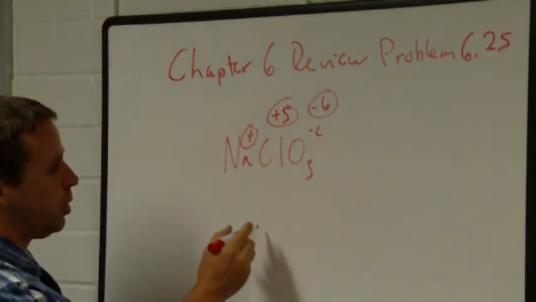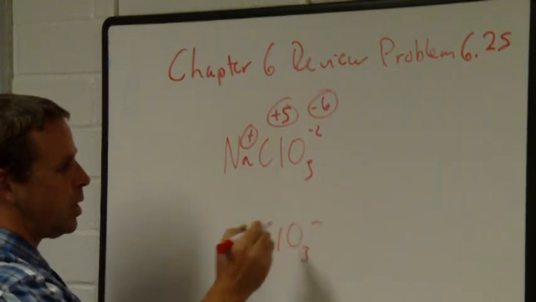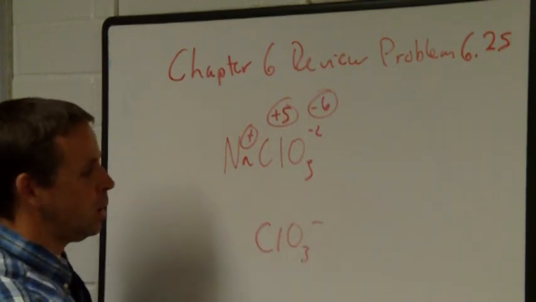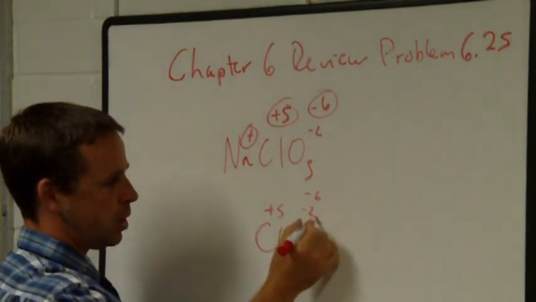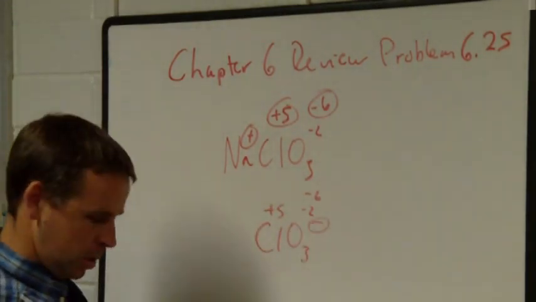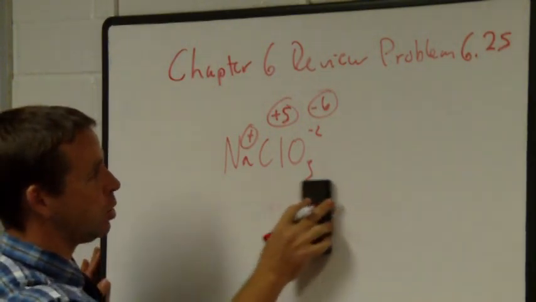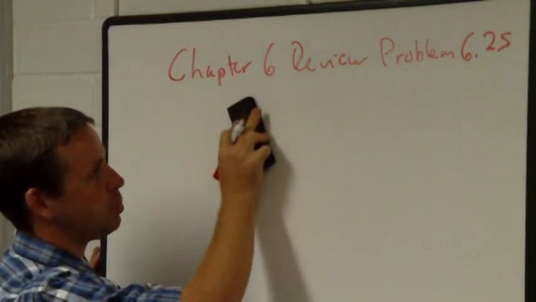We could have easily taken the ClO3 minus separately as well. Again, -2, -6, and it's going to have a +5, so we get a minus charge there. So sodium has a +1, chlorine has a +5, and oxygen has a -2.